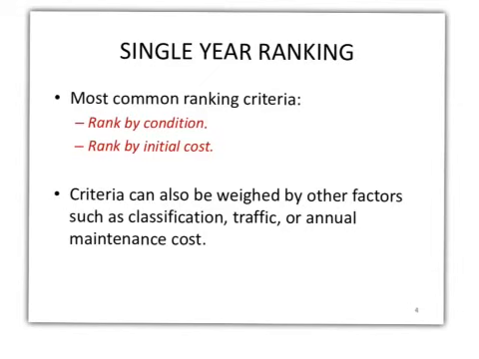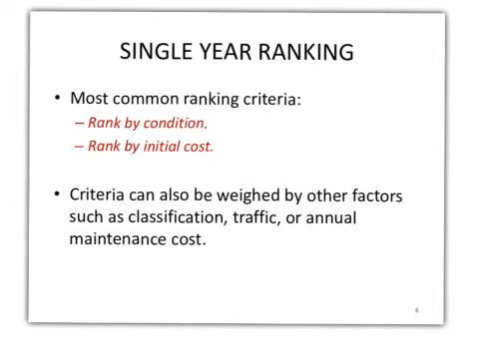The most common ranking criteria used for single year ranking is, first, ranking by condition, and the second would be ranking by the initial cost. The criteria can also be weighted by other factors such as classification of the road. For example, if the road is classified as interstate versus local, the interstate would have the priority to be fixed.